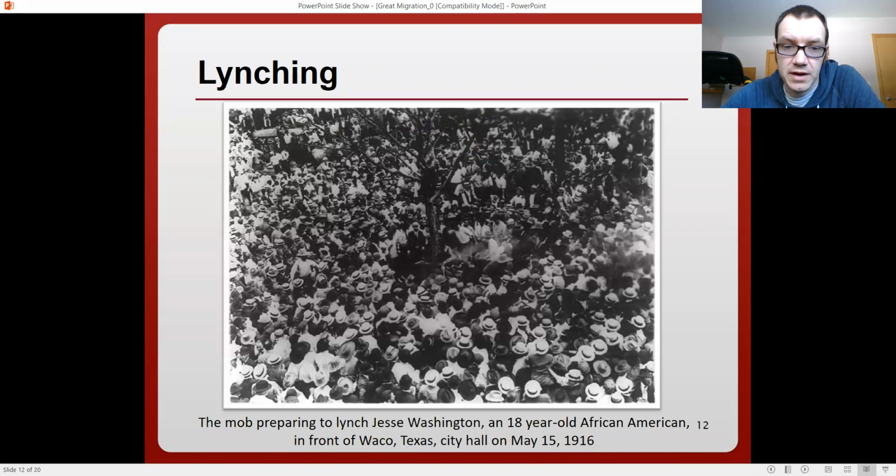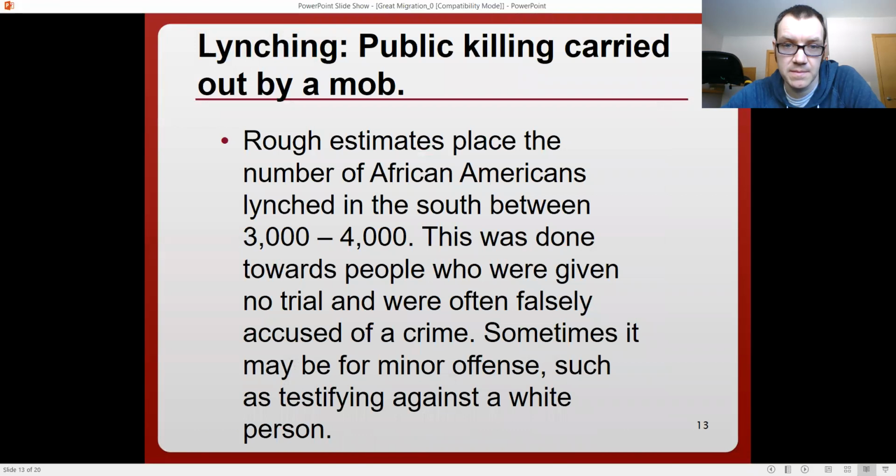The fourth push factor are lynchings. And lynchings are sick. They're twisted. It's basically hanging somebody because they may have done something wrong. Usually it was done by a mob. Usually you were not given a trial. Rough estimates place the number of African Americans lynched in the South between 3,000 and 4,000.